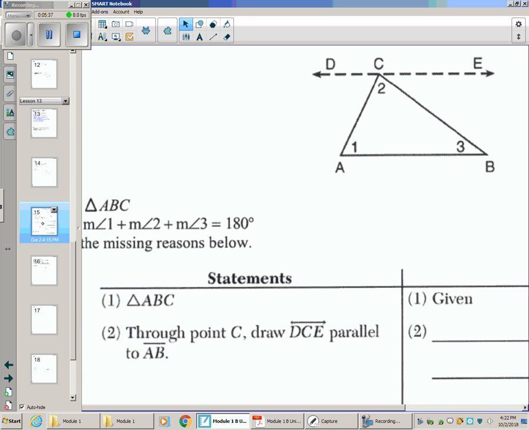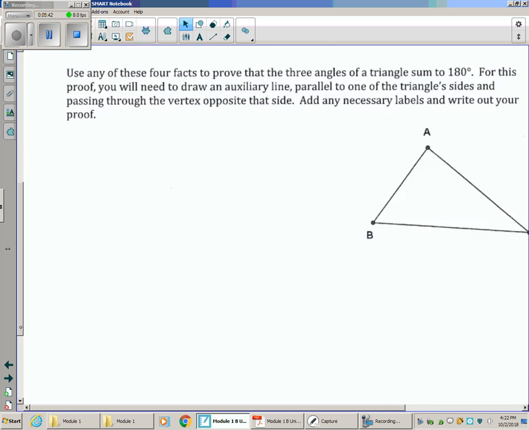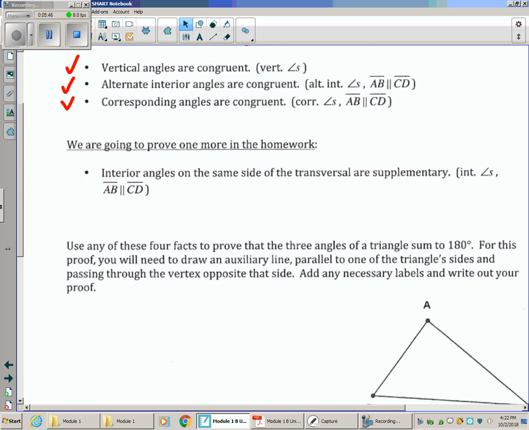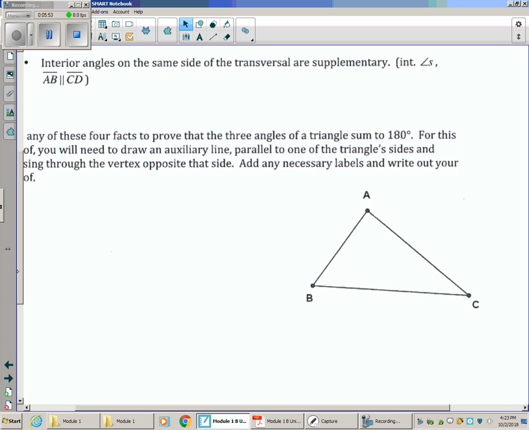Alright, so now on page 61, we're going to prove that the sum of the angles of a triangle is equal to 180. Okay? So, in order to do that proof, you need to draw an auxiliary line through A that's parallel to BC.